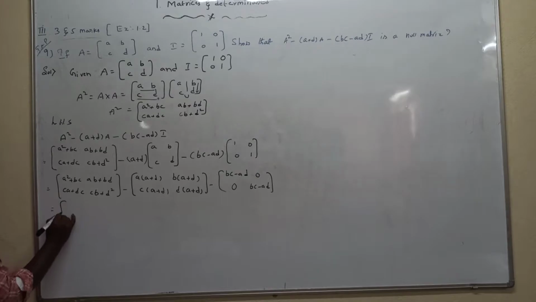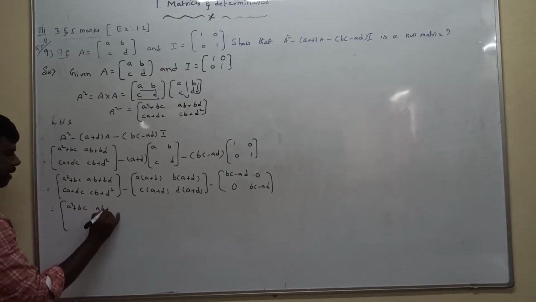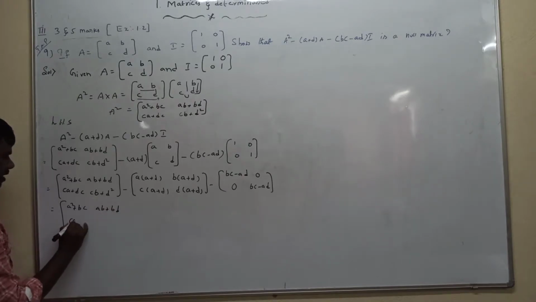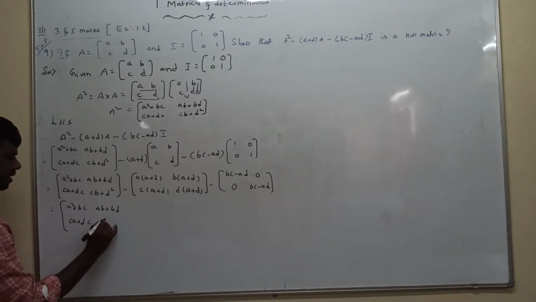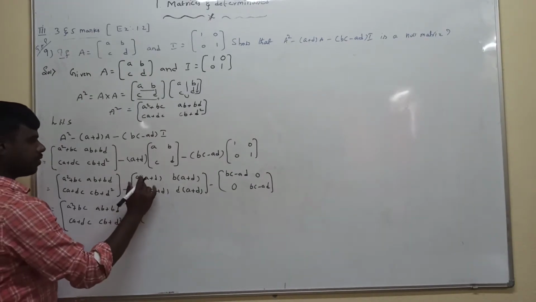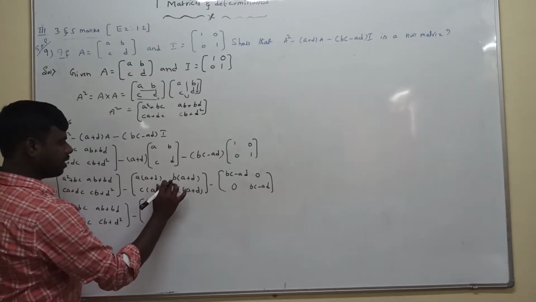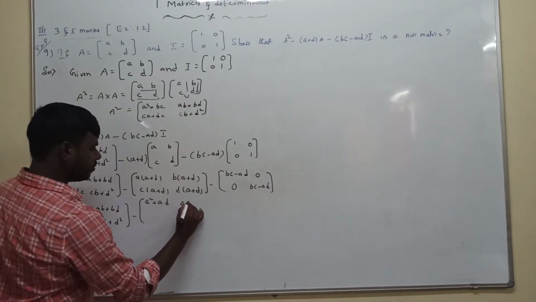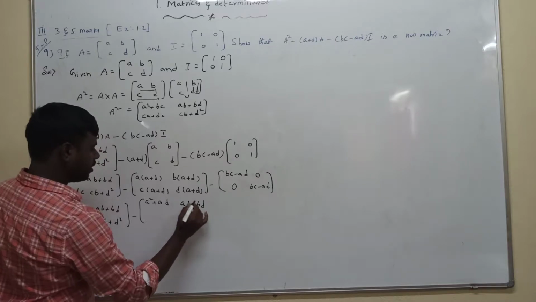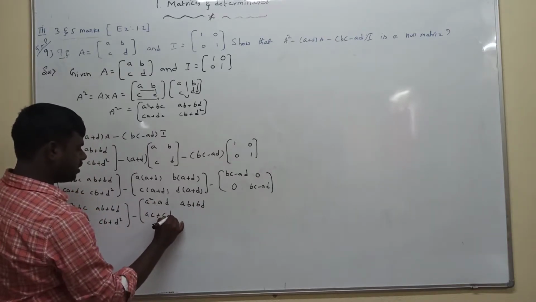Now this matrix we write as it is: a square plus bc, ab plus bd, and ca plus dc, cb plus d square, minus a into a, a square plus a into d, ad. b into a is ab or ba, b into d is bd, c into a is ca or ac, c into d is cd.